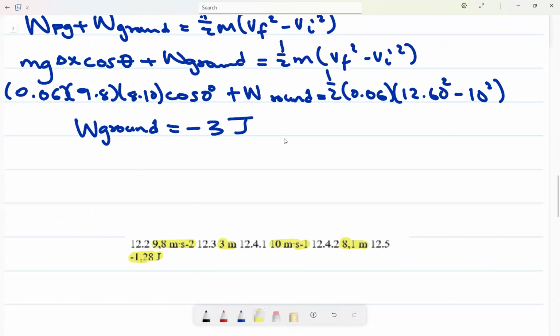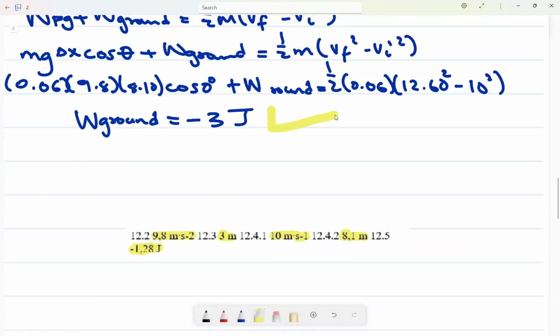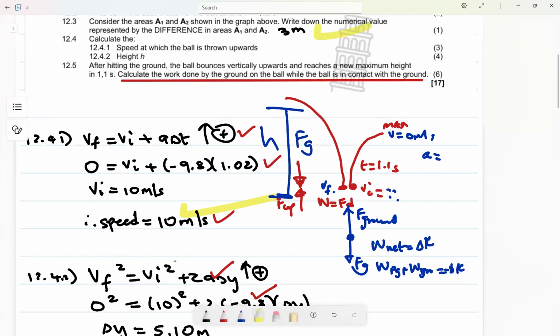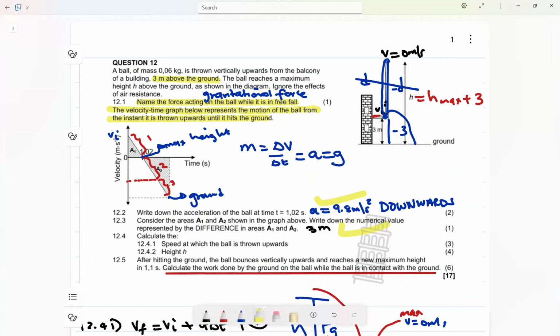8.1, correct. But now it says this one is not -3. It is rather -1.2. Why? Because in my change in x, I substituted 8.10, which is the height, whereas the change in x is the displacement, meaning I was supposed to use the displacement from here to there, which makes my displacement 3, because from here to there it cancels off.